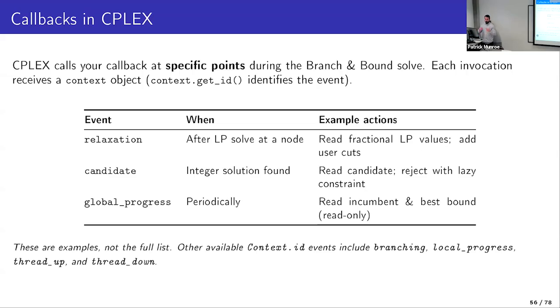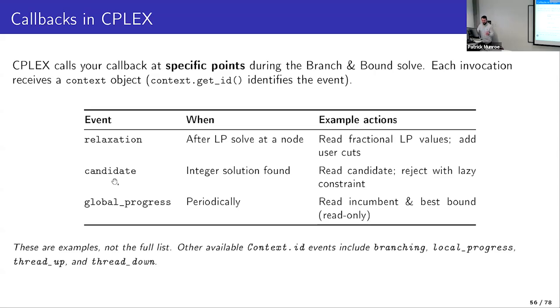But a user cut is some constraint that is not mandatory in the formulation of your problem, but that will help the bound to be tighter. You reject some fractional solutions, but you do not reject any feasible solution. So it's usually non-mandatory constraints. So this is an event when the callback is called.